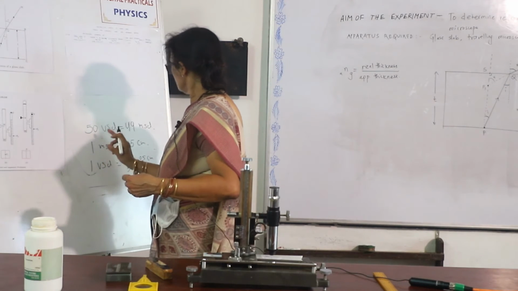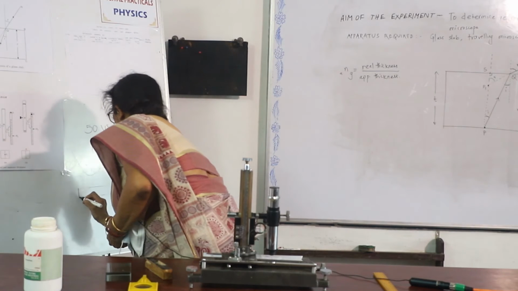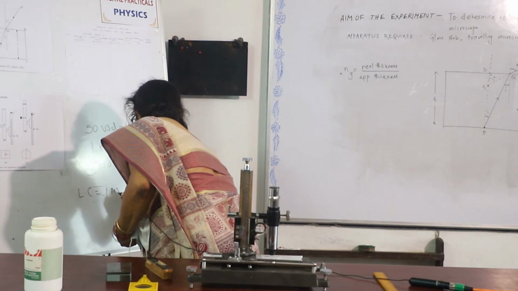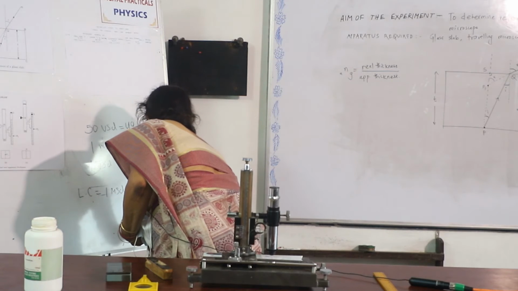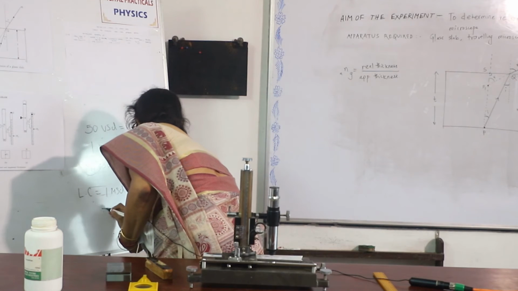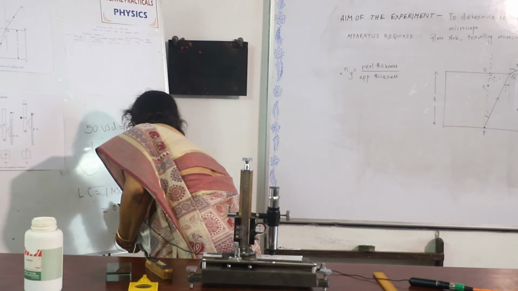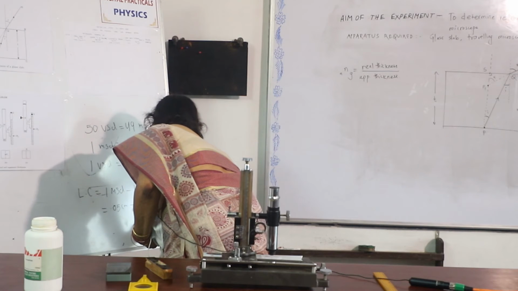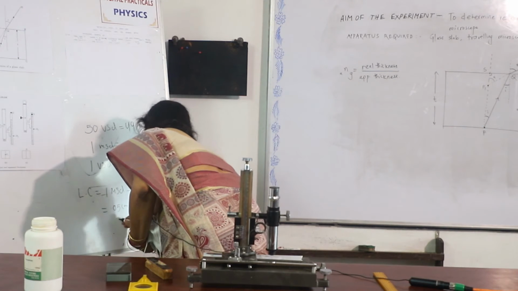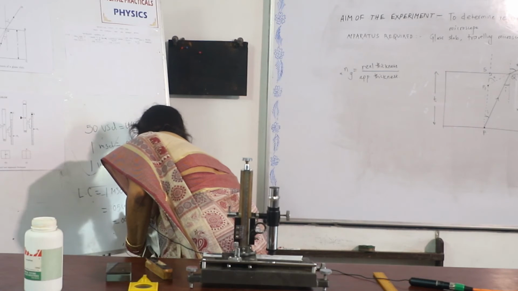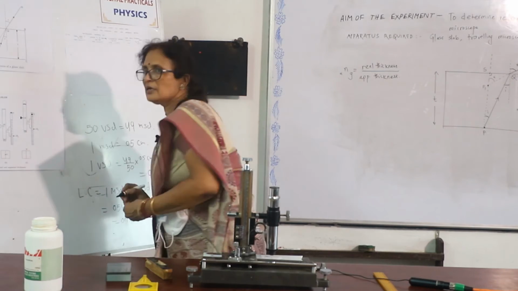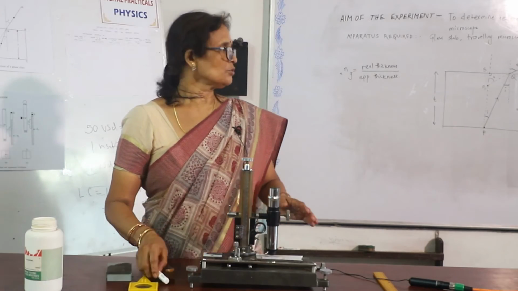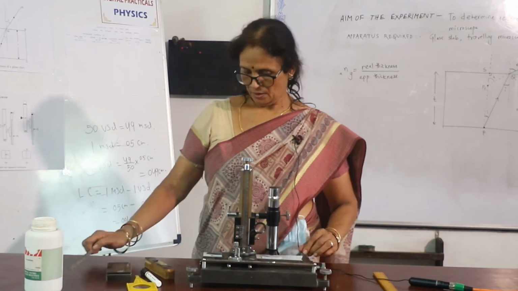Now, the least count of the vernier calipers is equivalent to 1 main scale division minus 1 vernier scale division. That is 0.05 centimeter minus 0.049 centimeter. That is equivalent to 0.001 centimeter. This is the least count of the vernier calipers, which will be used to take observation.